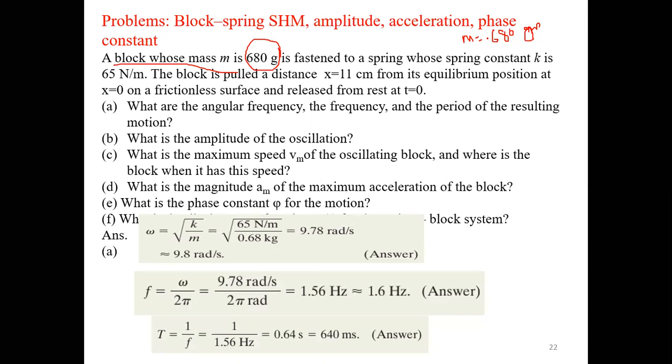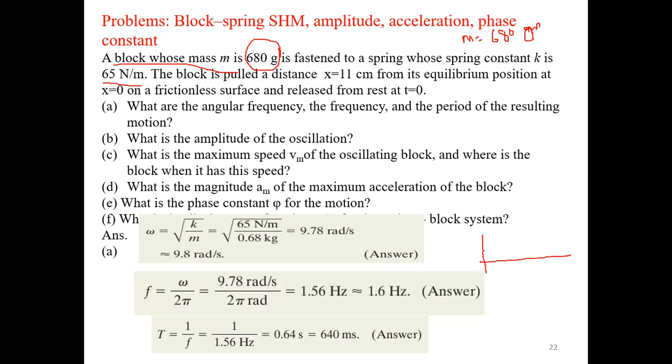It will be 0.68 kg, and it is fastened to a spring whose spring constant is k, and k is given as 65 newton per meter. So it's a linear oscillator, and the situation is like that.